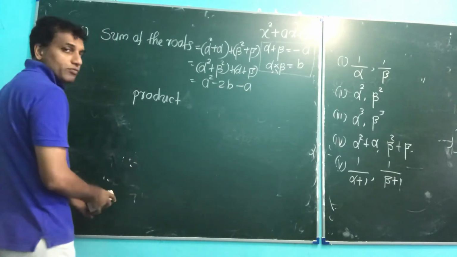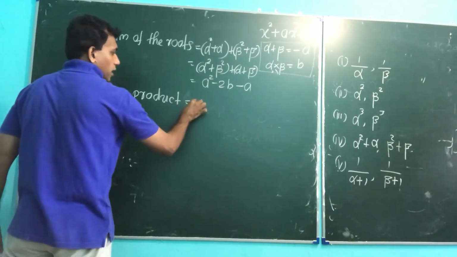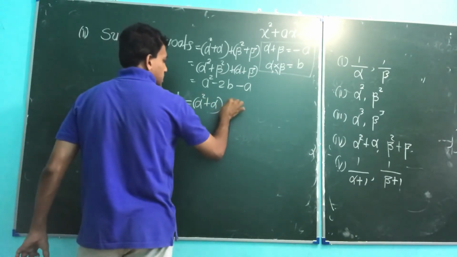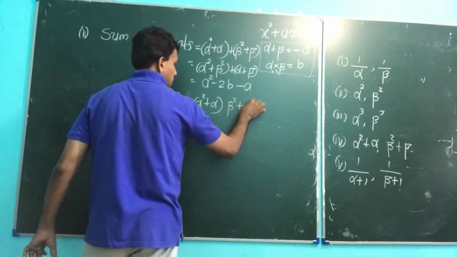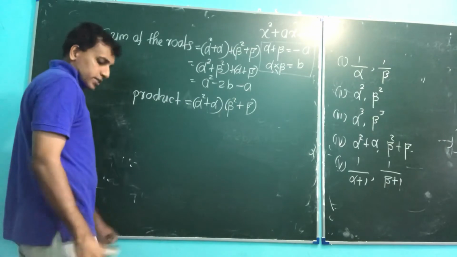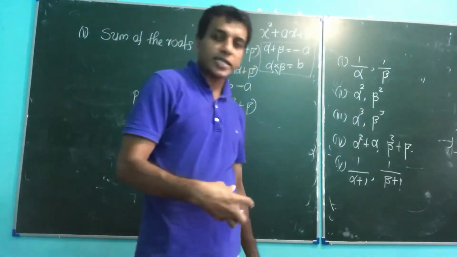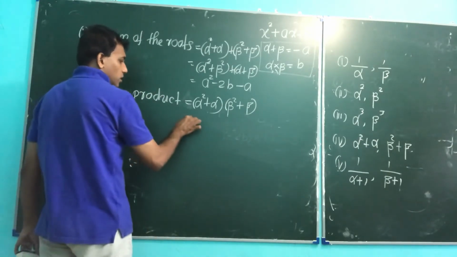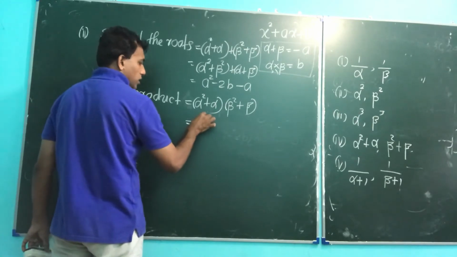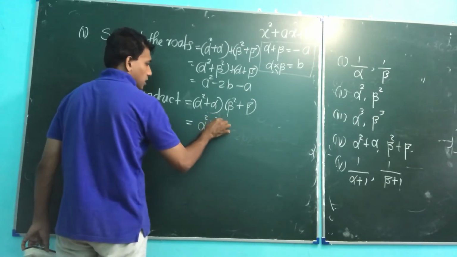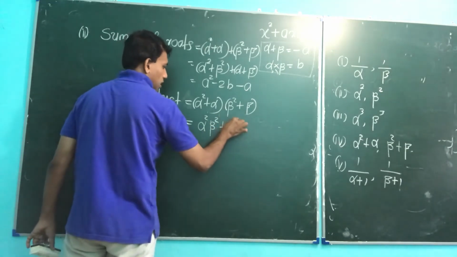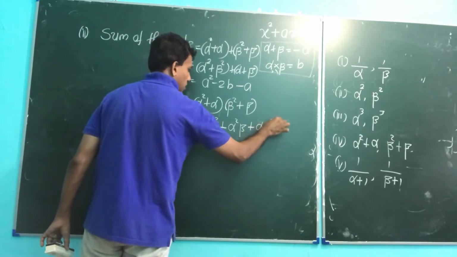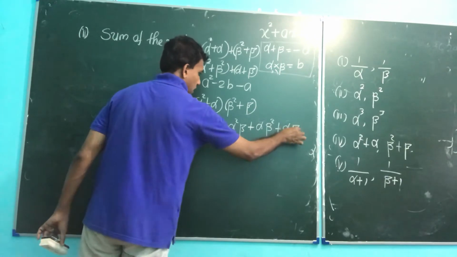Now come to the product of the roots. One root is alpha square plus alpha, into beta square plus beta. In this case you will multiply the brackets, and finally take the answer in terms of a and b. Try to substitute the values in terms of a and b. So multiply the brackets: alpha square beta square plus alpha square beta plus alpha beta square plus alpha beta, right?